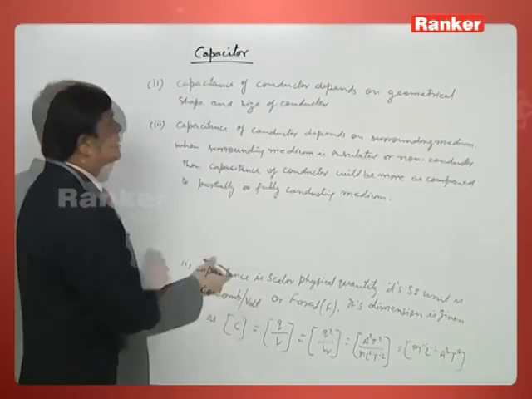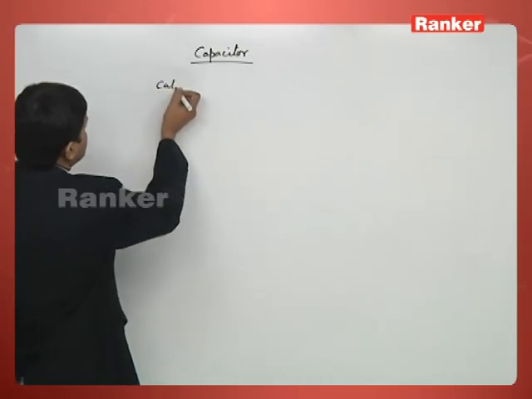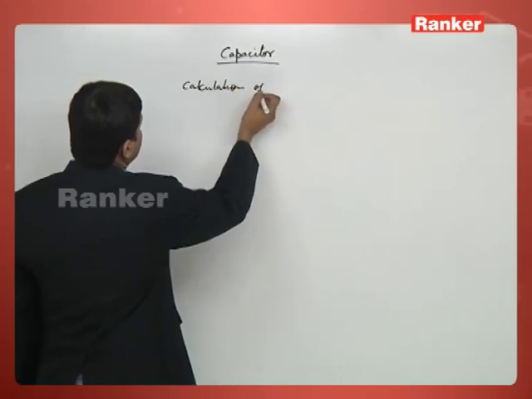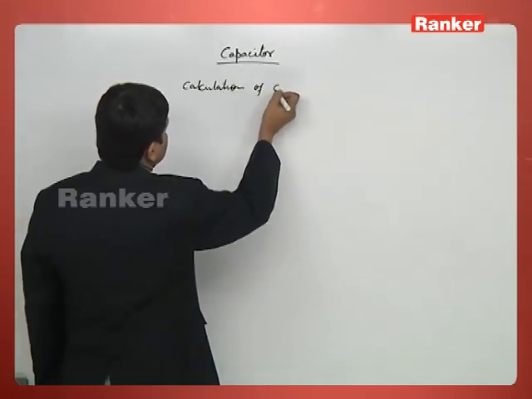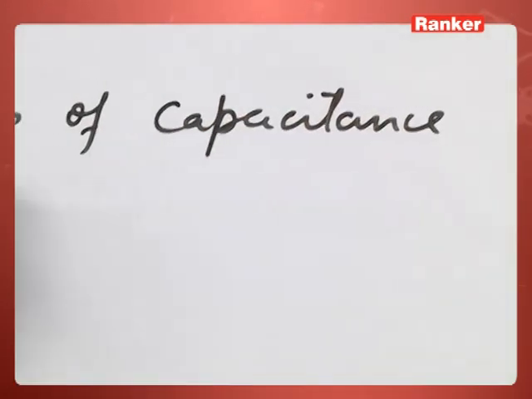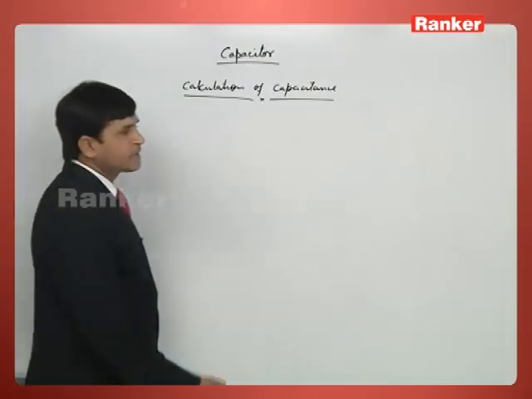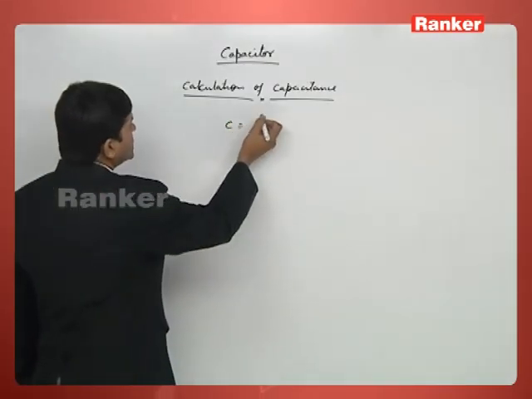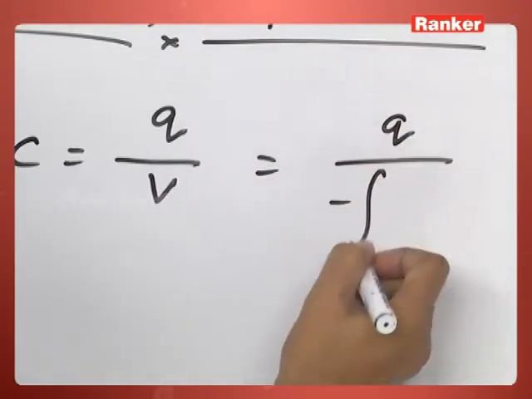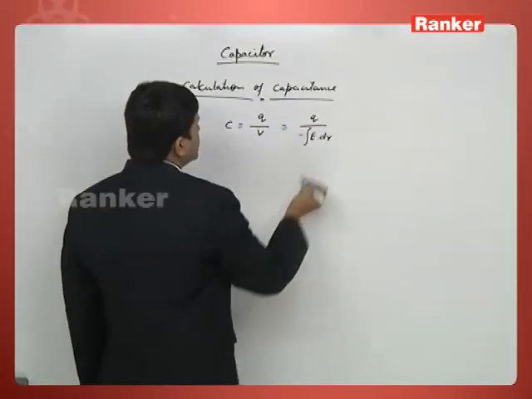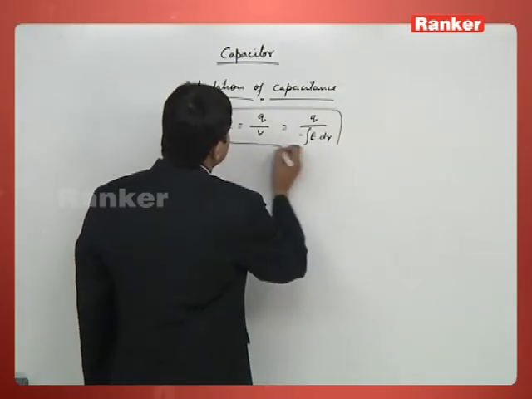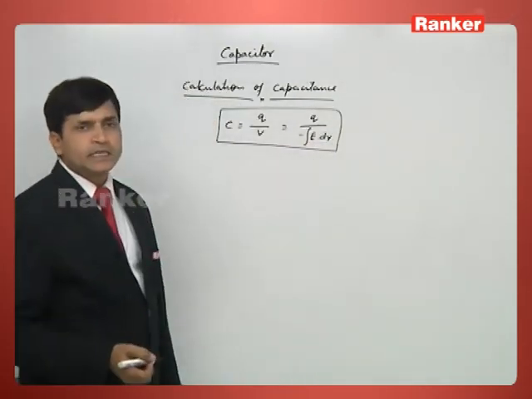Next point: calculation of capacitance. We will use the basic formula C equals Q by V, or Q by the integral of E dot dr. This is the basic and fundamental relation by which we can get the capacitance of a conductor.